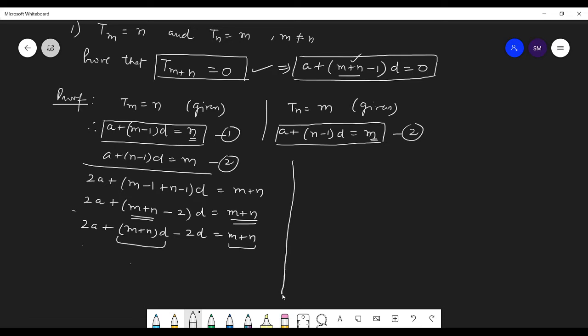Excuse me, sir, instead of this solution, can we do it as n into Tn is equal to m into Tm? Yeah, that's also one of the ways, where you multiply m with Tm, this with this and then this with this.